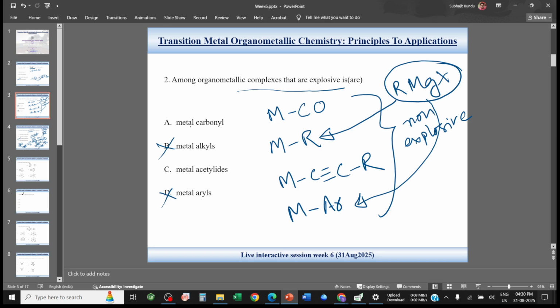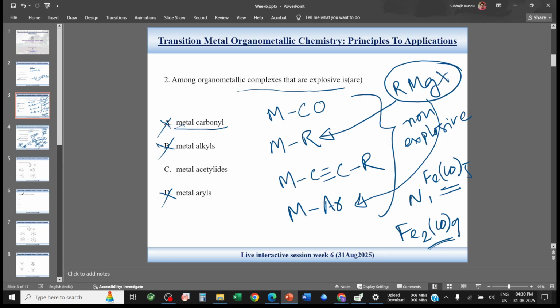Some metal carbonyls, we have already discussed Fe2(CO)9 and Fe(CO)5, exist without any decomposition, so metal carbonyls are also not explosive.